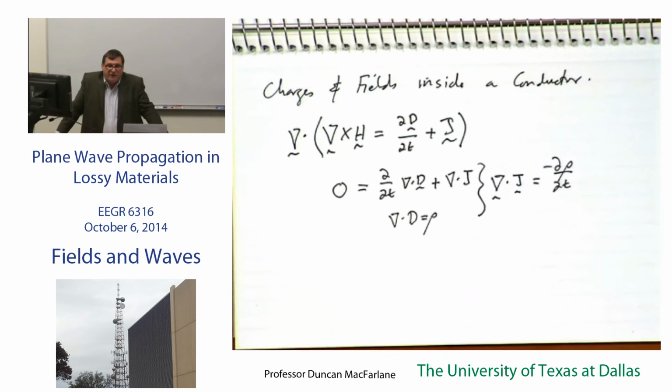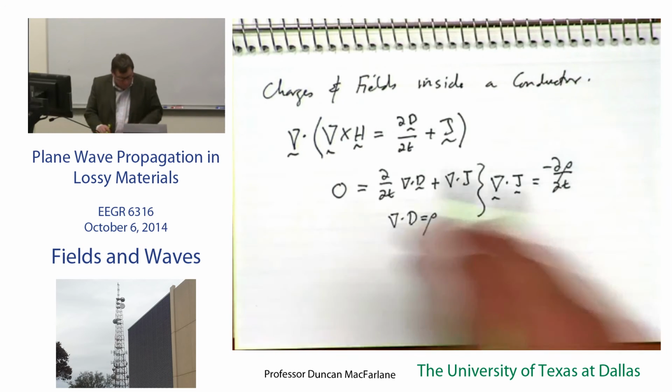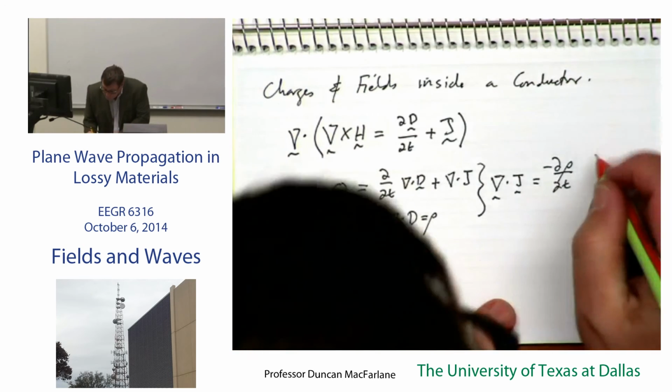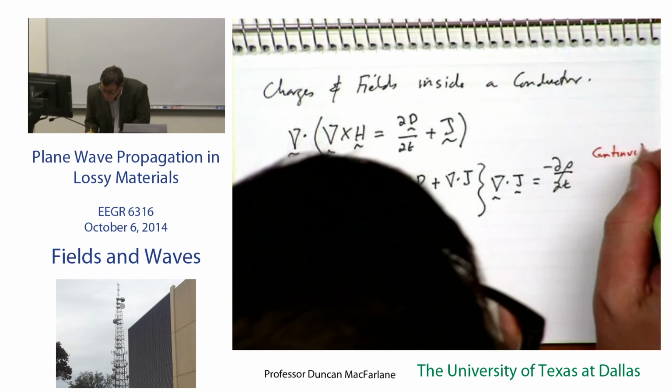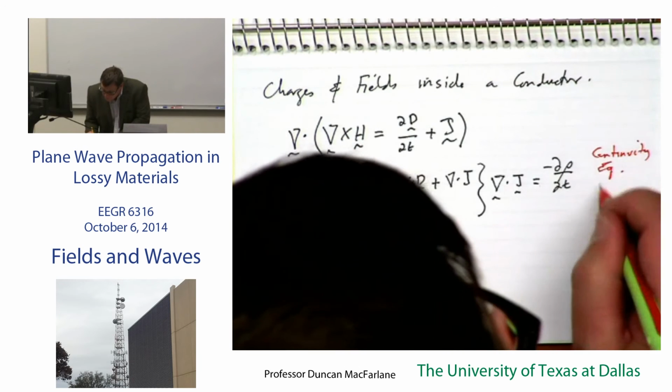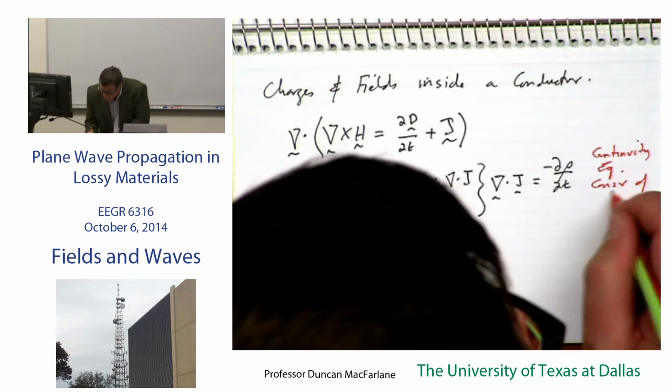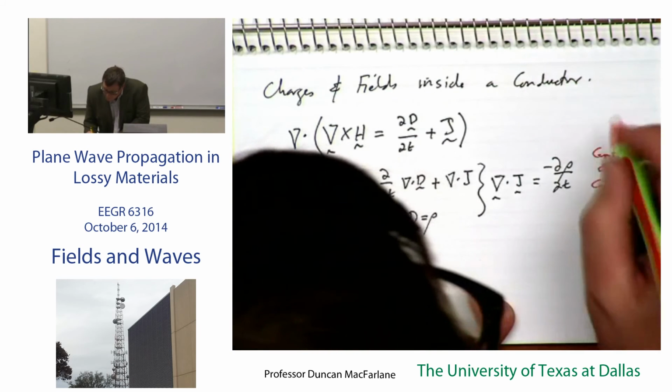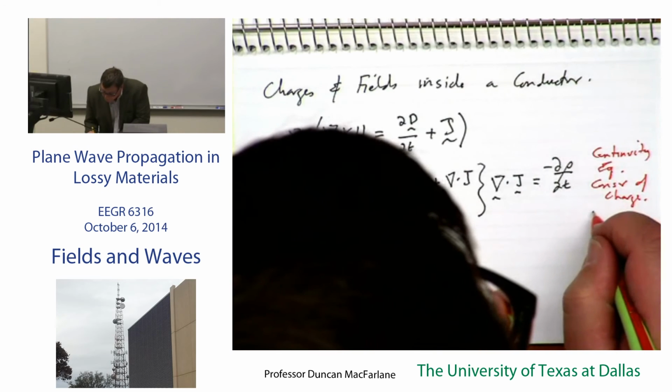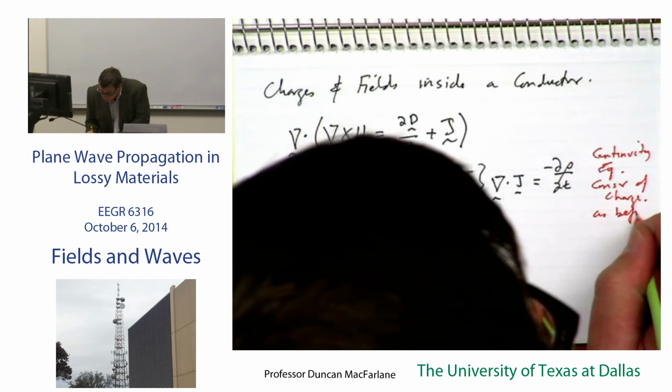Charge can't be created or destroyed, it can just be shoved around, moved around. And I've got this guy here. And this was the continuity equation that we've derived before. Conservation of charge as before.